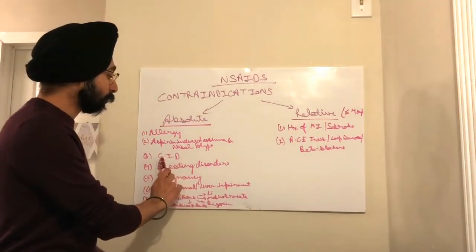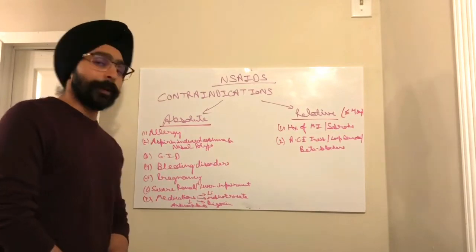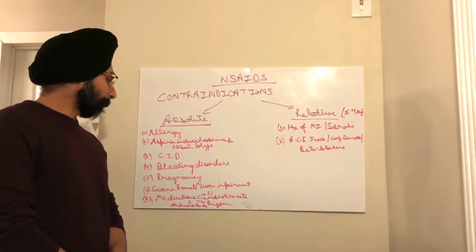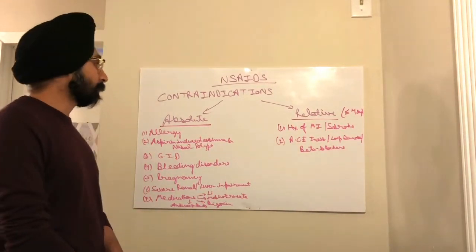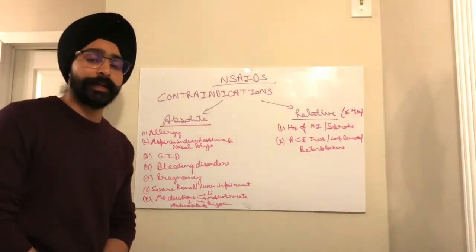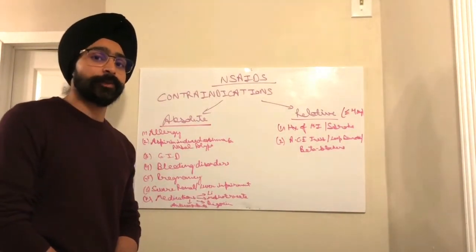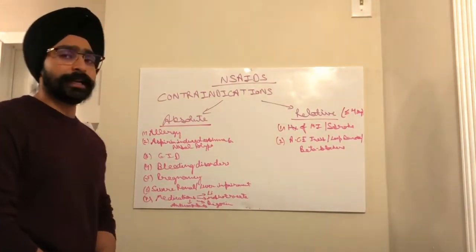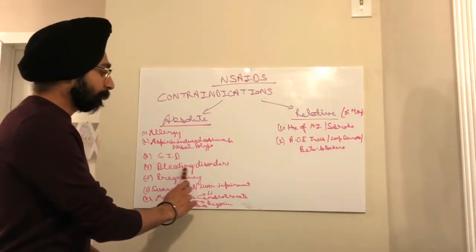Third is gastrointestinal disease, for example, peptic ulcers, duodenal ulcers, or if a patient has inflammatory bowel disease. In that case, NSAIDs are contraindicated. But if a patient has GERD, that is gastroesophageal reflux disease, then NSAIDs are not at all contraindicated.